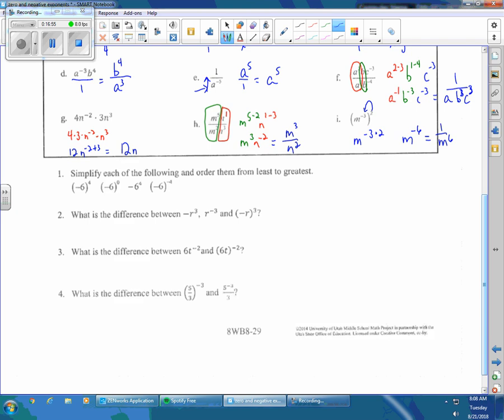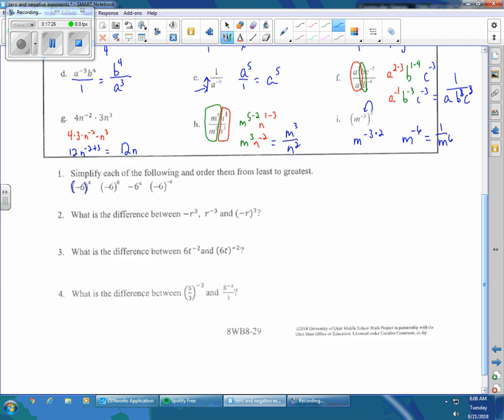Okay, number 1 says simplify each of the following and order them from least to greatest. Least is your smallest amount, greatest is your largest amount. Okay, we have to remember back to an earlier lesson what the parentheses do.